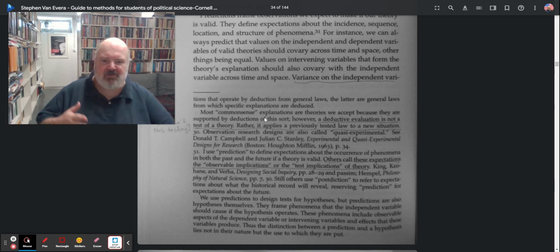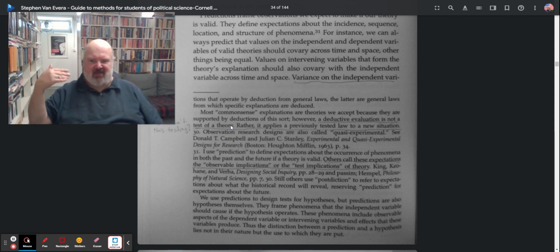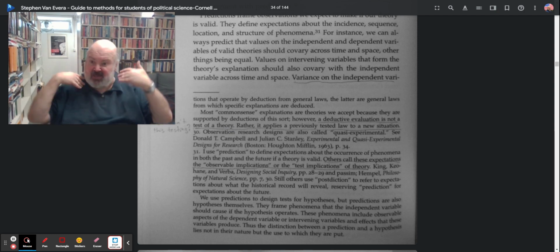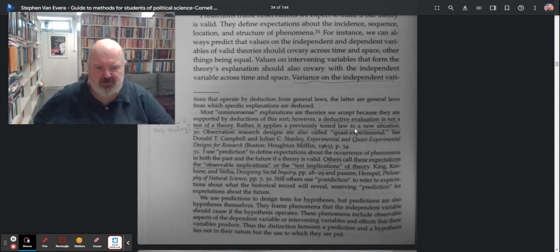This is saying most common sense explanations are theories we accept because they are supported by deductions of this sort. However, a deductive evaluation is not a test of a theory. This is the point: this is not testing. Rather, it applies a previously tested law to a new situation.